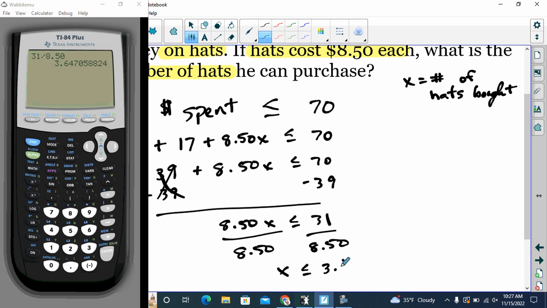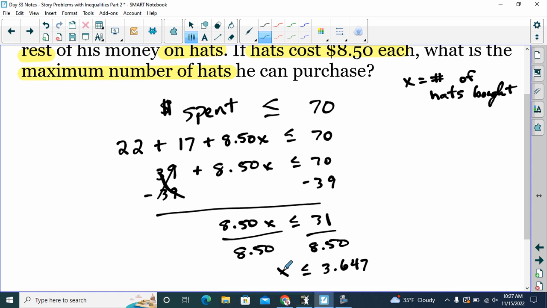I get 3.647. X has to be less than or equal to 3.647. If he buys 4 hats, that's too many. He doesn't have enough money to buy 4 hats. So the most number of hats he can buy is 3.